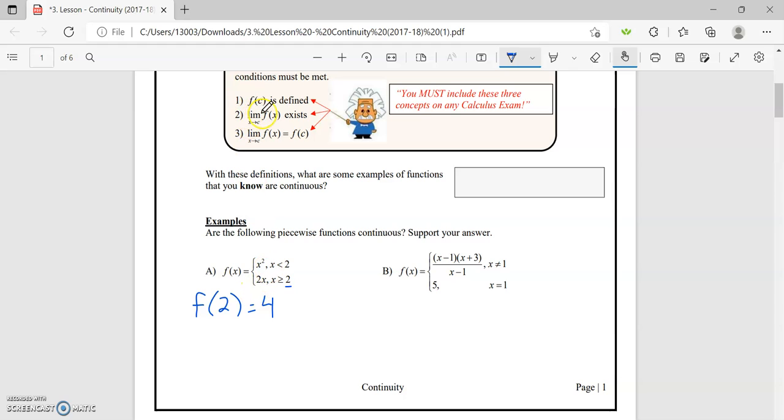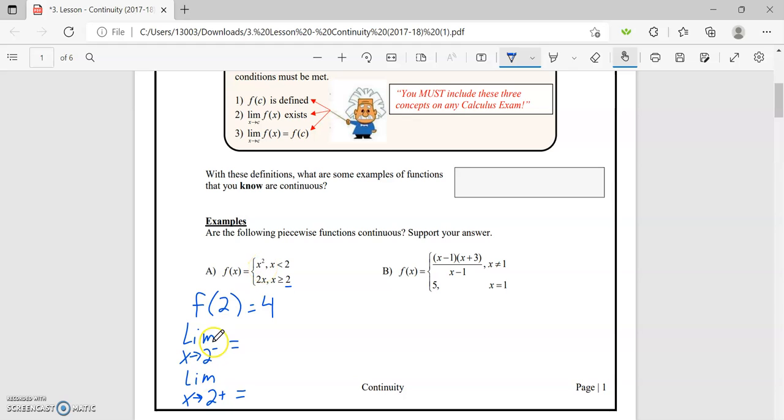Second step is find the limit. Finding the limit involves looking at the limit as x approaches 2 from the left and from the right. From the left, that would be plugging it into this equation here.